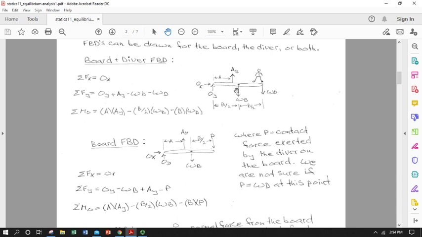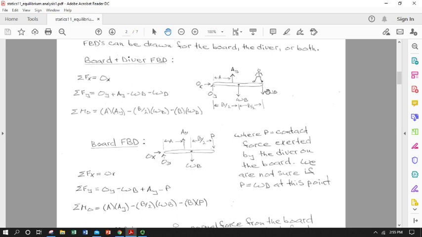Okay, important things. Do we have all the forces? We have a support reaction and another support reaction, and we have the board weight and the diver weight. There were no other loads. Wind isn't pushing anybody sideways. There's no downward force of water pouring down on somebody. There's no other contacts to transmit force. So we have all the forces, and we have them in the right place.